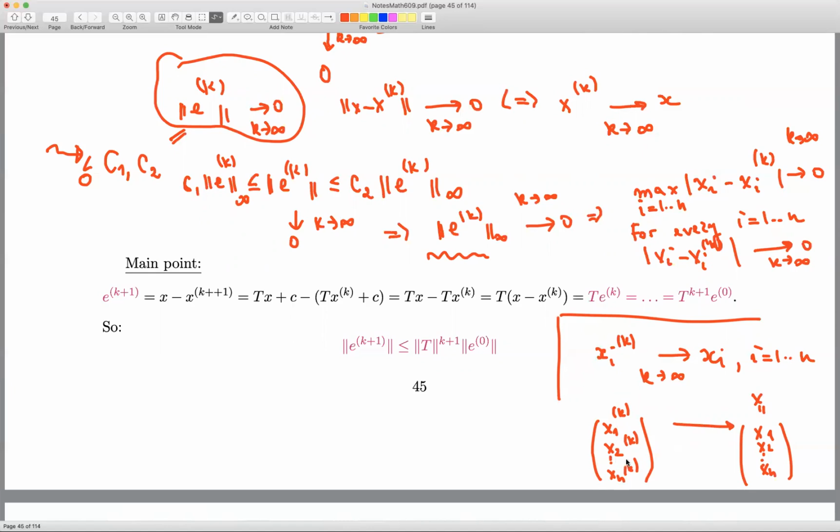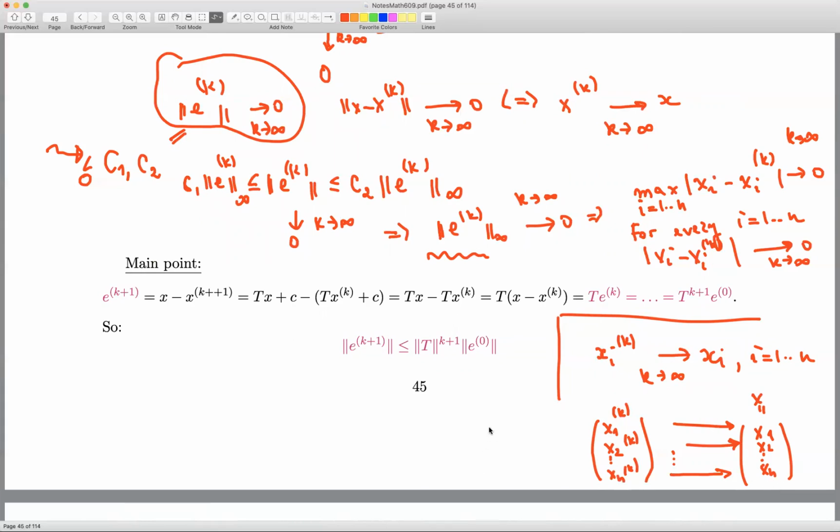The first coordinate of the kth vector will get closer and closer. The second coordinate of the kth vector will get closer and closer to the second coordinate of x, and so on. The nth coordinate of the kth output of our iteration will converge to the nth coordinate of the vector x.